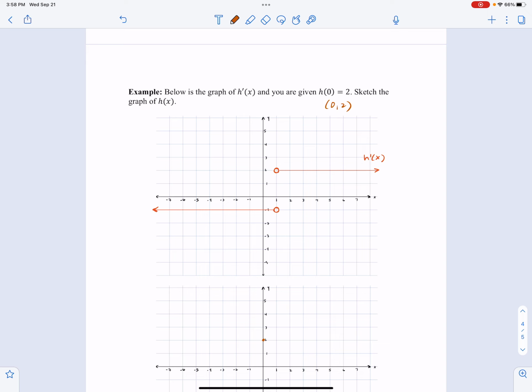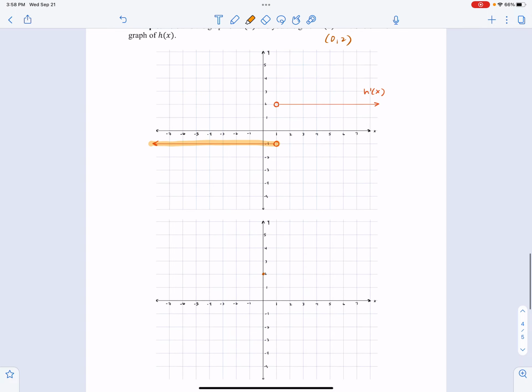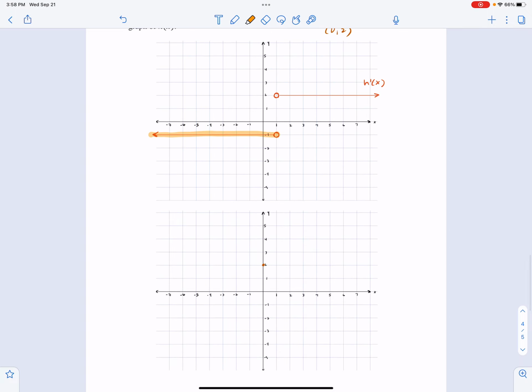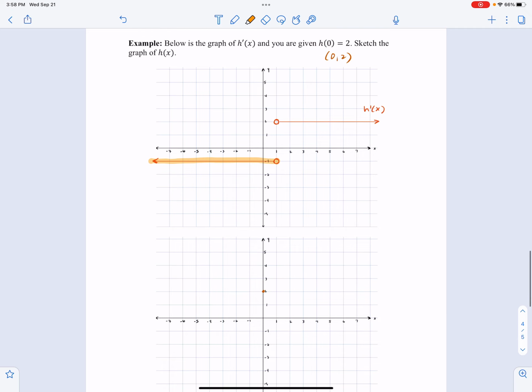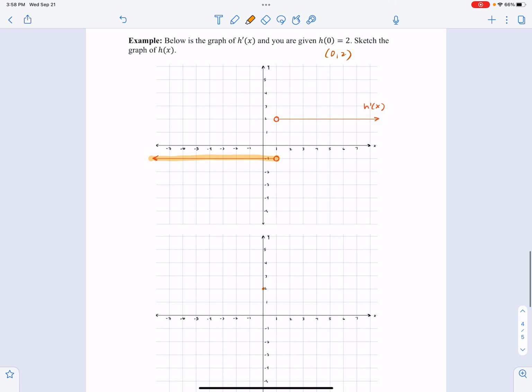Sketch the graph of h of x. So it looks like from negative infinity up to 1, the slope of h would be -1, right? Because that's a horizontal line at y equals -1 on the graph of h prime.